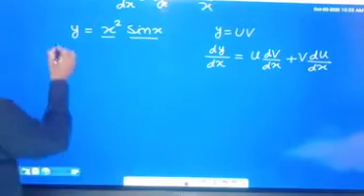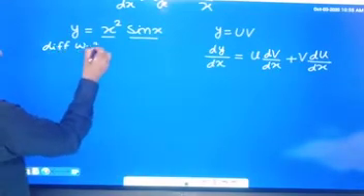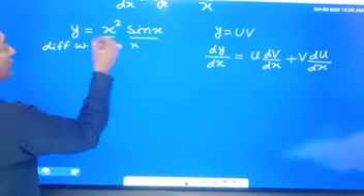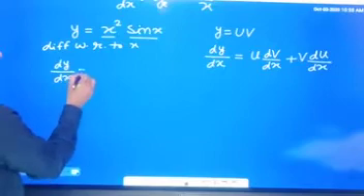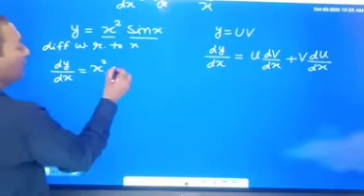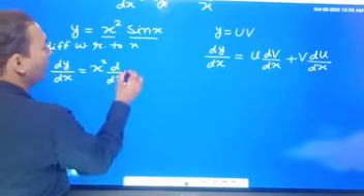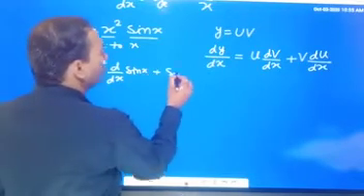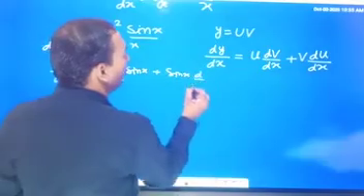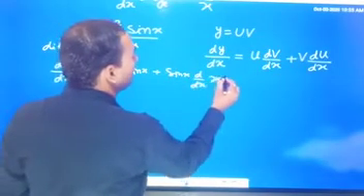Now differentiate with respect to x, then dy upon dx equals x square constant d upon dx of sin x plus sin x constant d upon dx of x square.